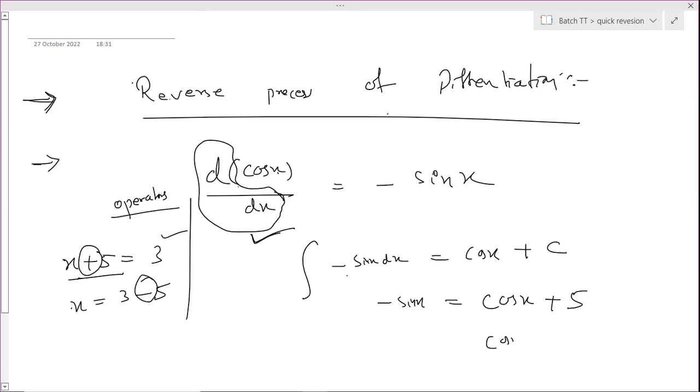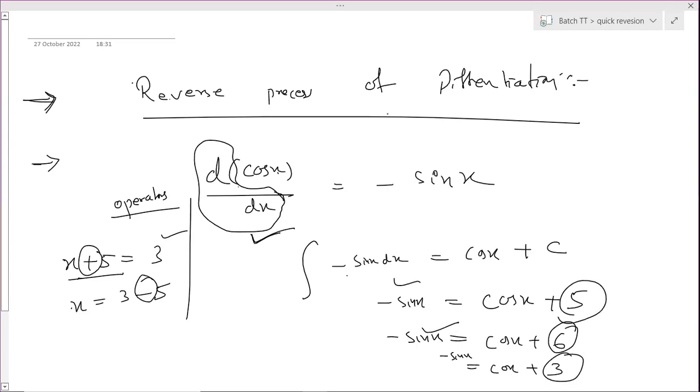If you differentiate this, you also get minus sin x. If you differentiate this, you also get minus sin x. So no matter what constant you have, the differentiation is always the same, right? So how do we figure out which constant to add? We cannot.